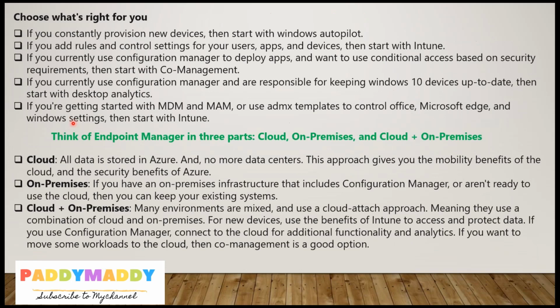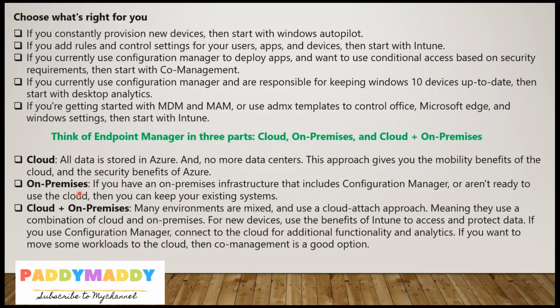I simplified it, very simple. Let's say you have everything on the cloud, then go for Intune. You don't have any footprint on premises, then just Intune. But if you have only an on-premises environment, then go for SCCM.